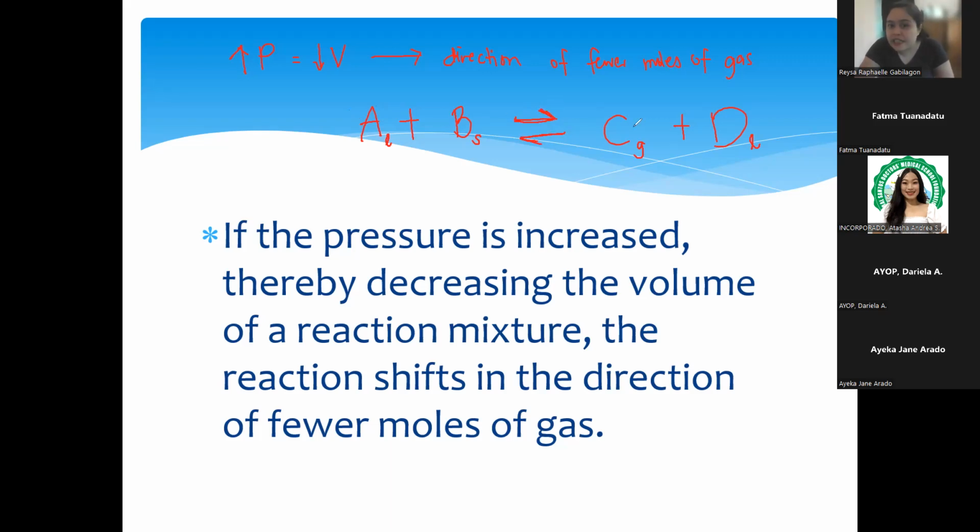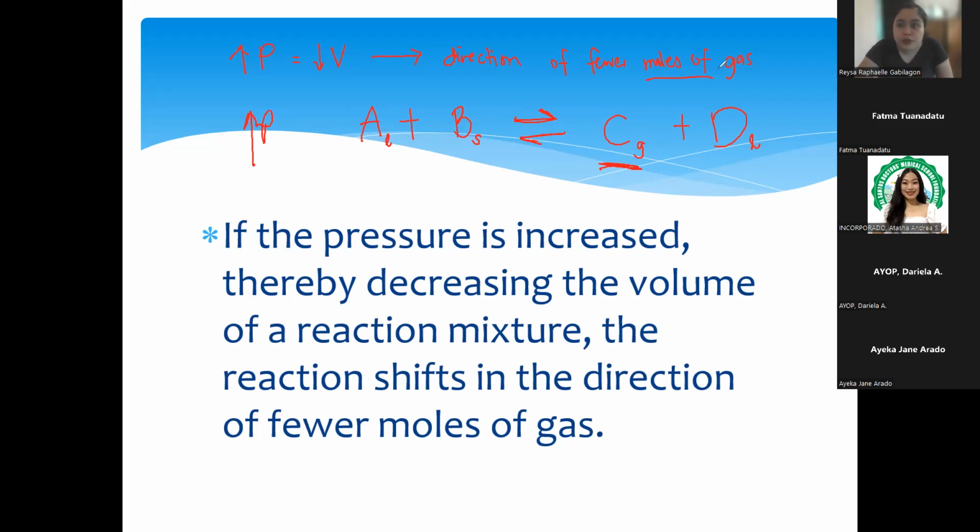So supposedly they have the same rate kasi they have chemical equilibrium. But again, if there is change in pressure, the volume of this gas will decrease. And saan daw mag-shift yung reaction, doon sa side na merong fewer moles of gas.